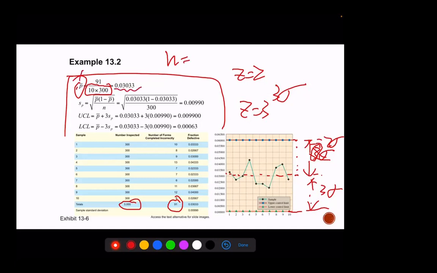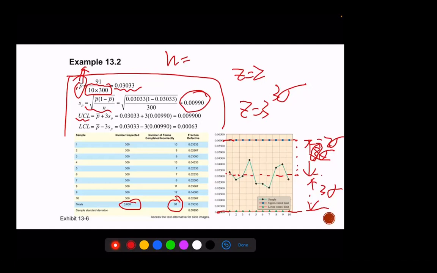And once you get P bar, you will be able to get the upper limits and the lower limits, these numbers, and you will be able to draw the line. So this is how we calculate the SP, and we got a number here according to the formula. Upper equals P bar plus 3 SP, while the lower limit equals P bar minus 3 SP. So this is how we got the P chart.